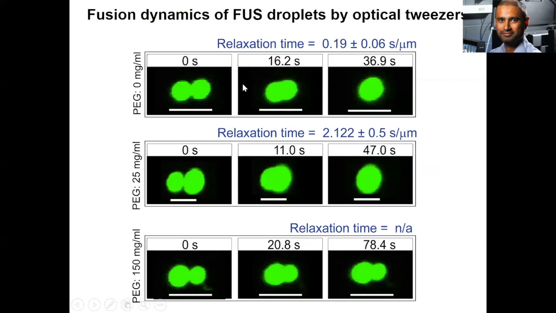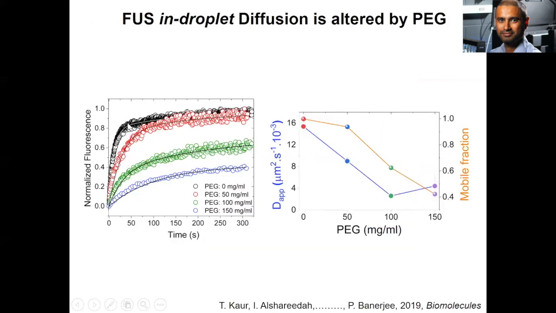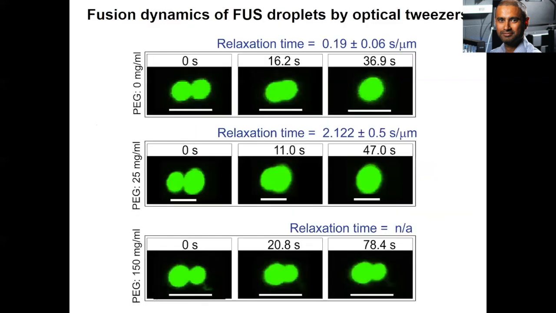When we did our fusion experiments with optical trap, we even saw dramatic changes. For example, if you go back one slide, if we are looking at just the black and the red curve, there are not many changes here. But if you look at the fusion dynamics with 0 mg per ml PEG and 25 mg per ml PEG, we see that the fusion of these droplets is almost an order of magnitude slower with the addition of this much crowding agent.